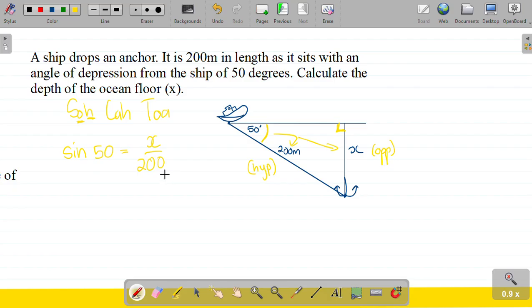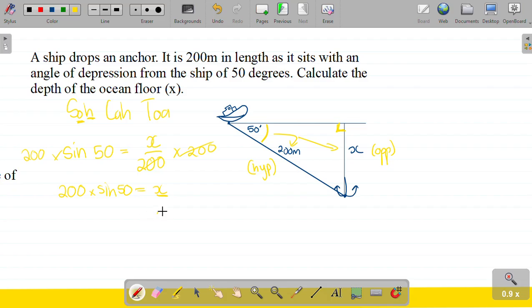So now this one's a bit easier. We just need to get rid of the 200 to get x alone. So we're going to multiply this side by 200. That will cancel. And you must do the same to this side, so we'll times that by 200. If you simplify, it will be 200 times the sine of 50 that will give me that depth, will give me x.